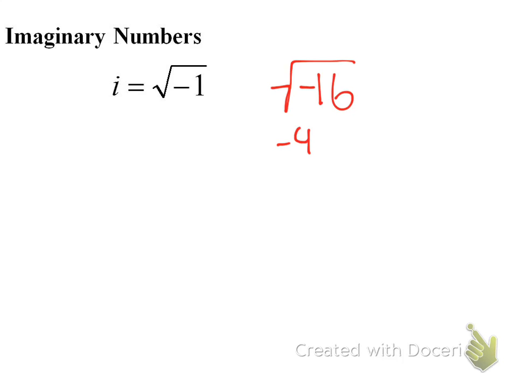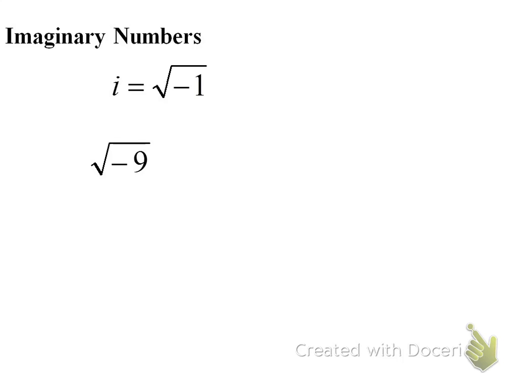No, because -4 times -4 is positive 16. And of course, 4 times 4 is also positive 16. So it's impossible to get a negative number by squaring another number. That's where i comes in, okay? i helps us answer or simplify radicals that look like this. Any questions on that?